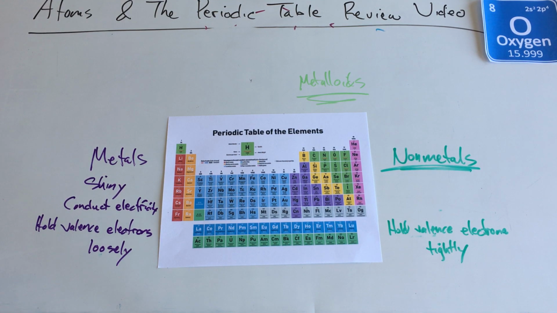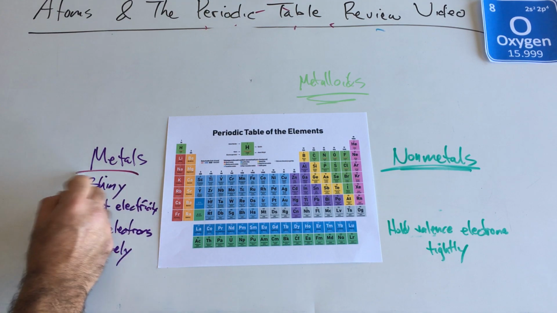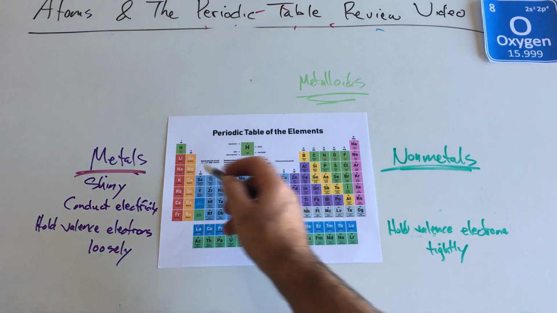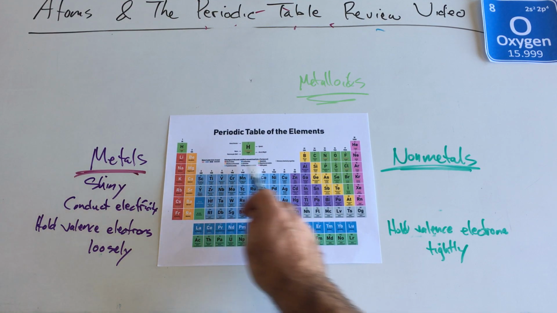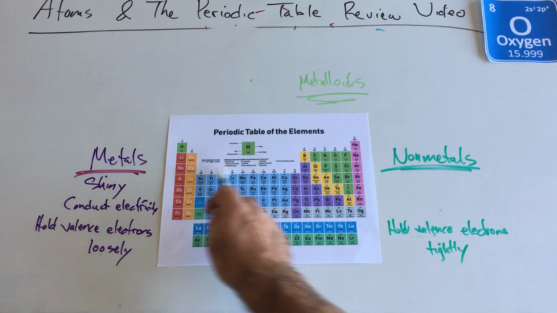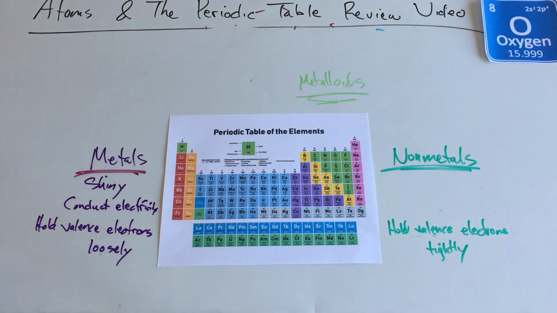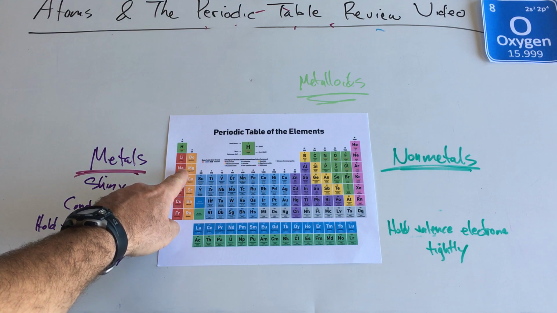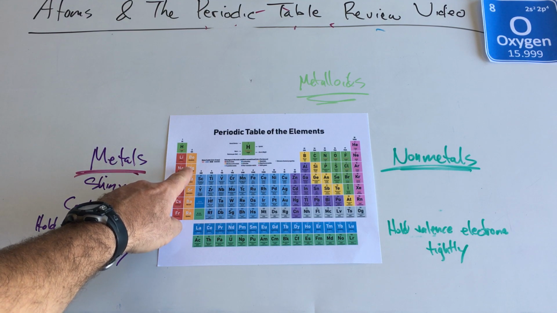Metals, on the other hand, metals are, wrong color. Metals are hippies. They'll totally share their valence electrons. So if we take something like magnesium, again, its electrons are out here on the third energy level. But this one right here, yeah, you can take my valence electrons, man. It's cool.